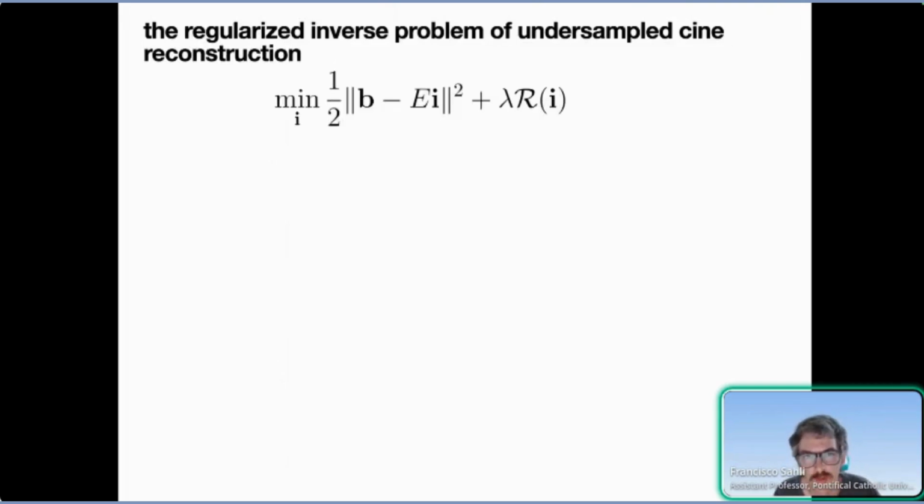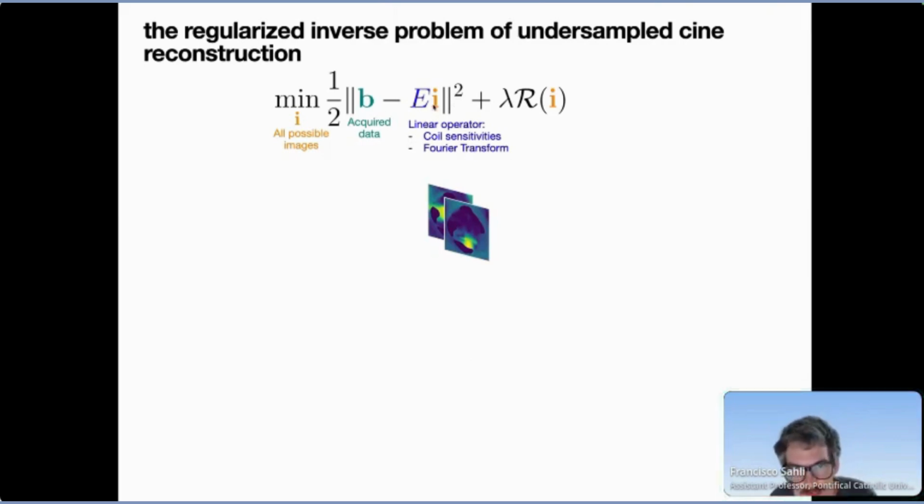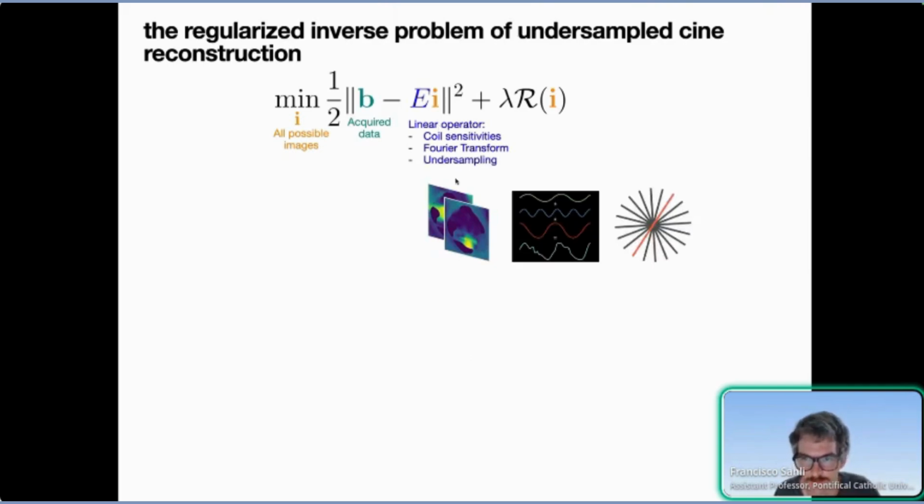So how do we solve this problem? How can we try to get good images from undersampled data? Typically, classically, we have a set of all the possible images. We represent an image with pixels, and then we try to minimize the difference between the data that we have and the image, after applying the forward operator.